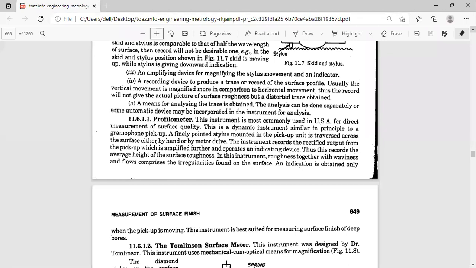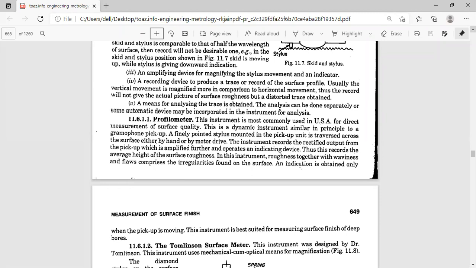It's commonly used in the United States of America because it's a direct measuring instrument, and this is a dynamic instrument. Its principle, as already I told you, is directly using the principle of the gramophone pickup.